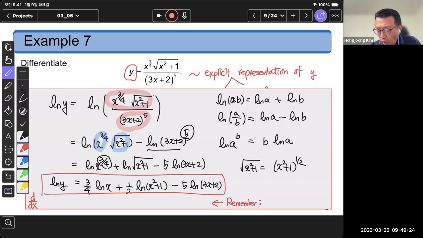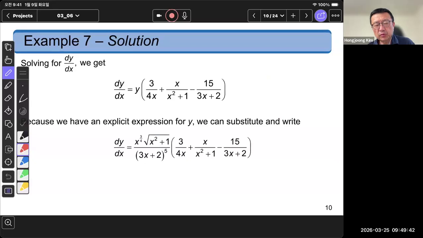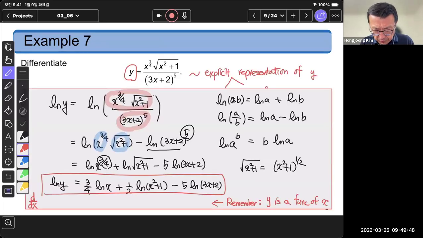So when ln y is differentiated, you need to consider the chain rule. So if I differentiate ln y, what do I get?